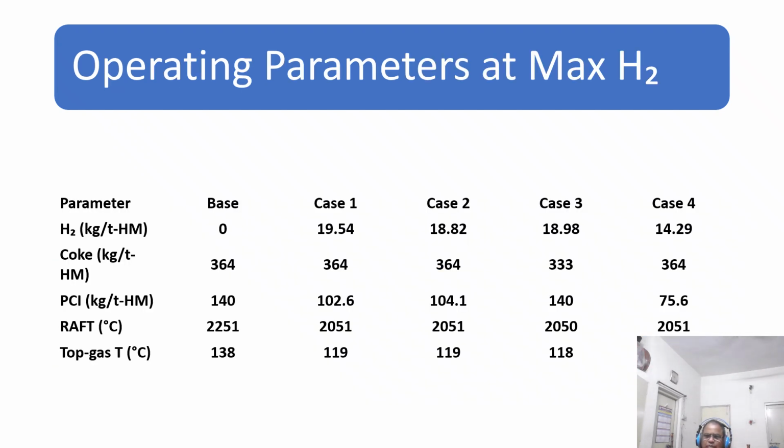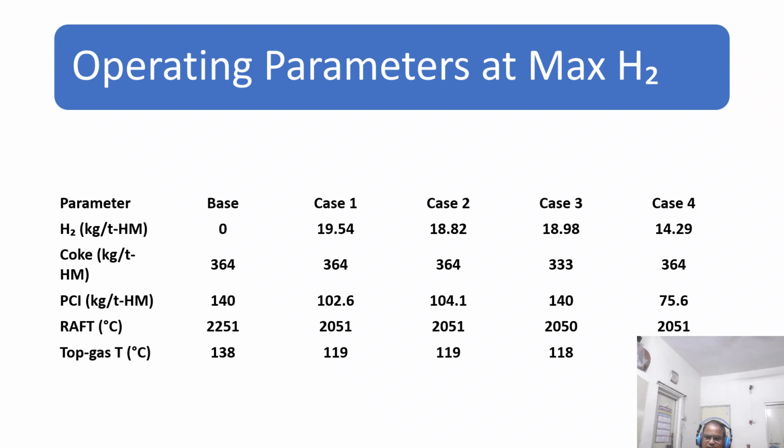So, now coming to the operating parameters at maximum hydrogen injection. Here are the operational parameters when hydrogen is pushed to its allowable limit. In case 1, we achieve 19.5 kg of hydrogen per ton of hot metal while holding the coke rate at 364 kg. PCI is reduced to 102 kg and draft dropped to the minimum 2051 degrees centigrade.